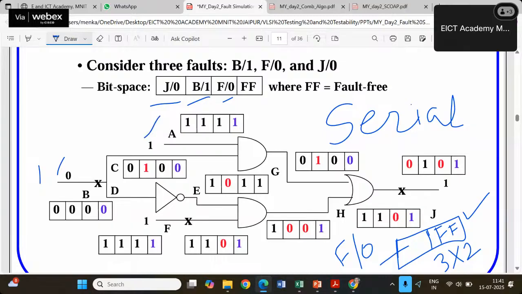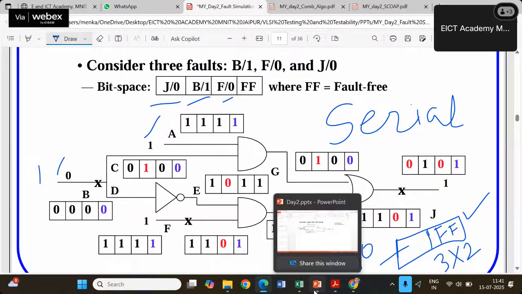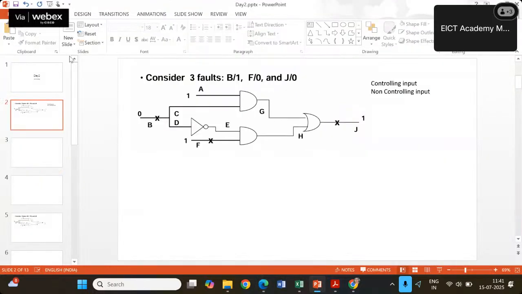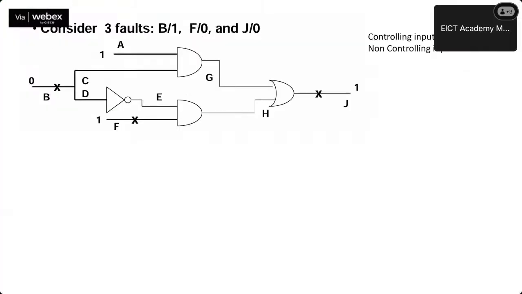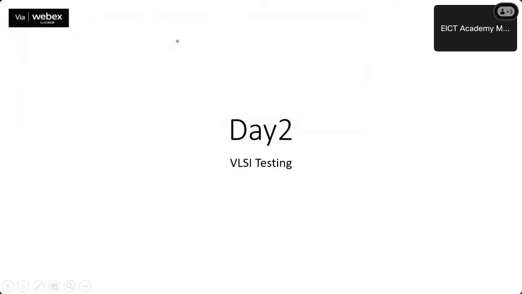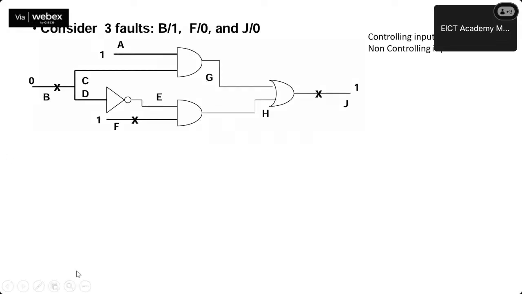Likewise, I have to put my input over here in the 2 set of bits, and like that. For example, I have taken the B1 fault. B1 is stuck at 1, so to activate that fault, I need to put just the opposite of that.